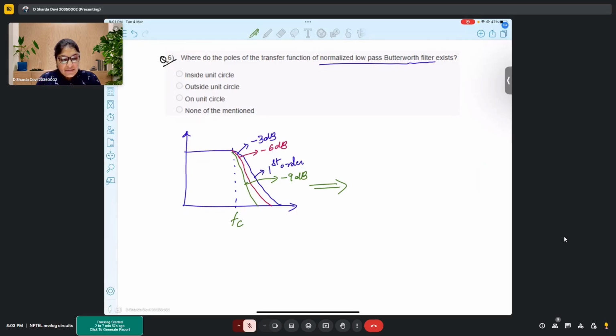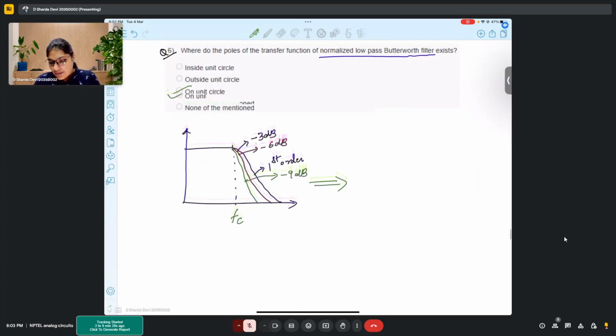Anyway, if it is a normalized low pass Butterworth filter, where do the poles of the transfer function lie? In a normalized Butterworth filter, all the poles lie on the unit circle.